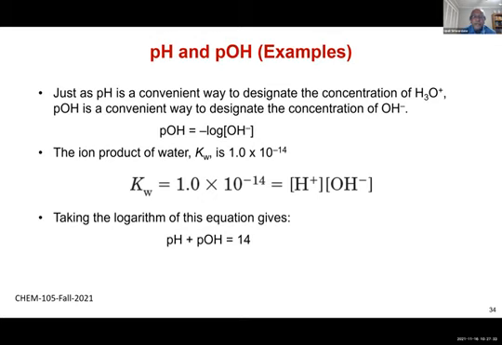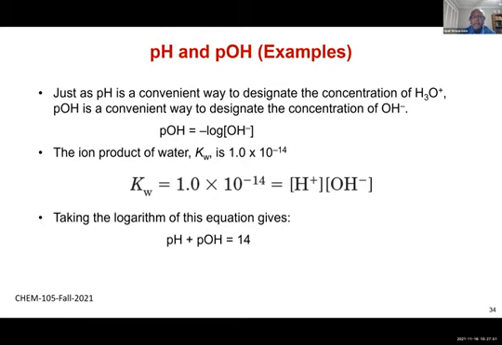For a neutral solution, pH is 7, pOH is 7. Therefore, the sum of the pH and pOH of a water solution is always equal to 14, just like 10 to the negative 7 times 10 to the negative 7 is equal to 10 to the negative 14. If you take the log of Kw and change sign, you also end up with 14. So this equation makes sense.